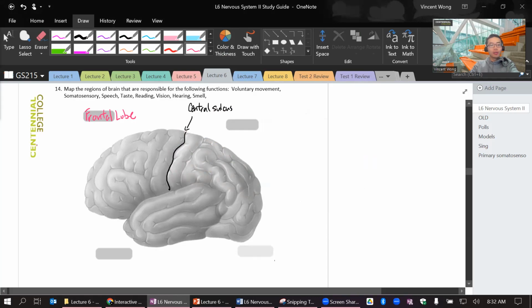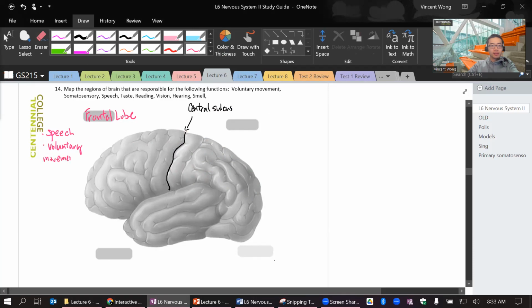By now, you should know the frontal lobe is responsible for things like speech, because we have the Broca's area in it, and for voluntary movement.